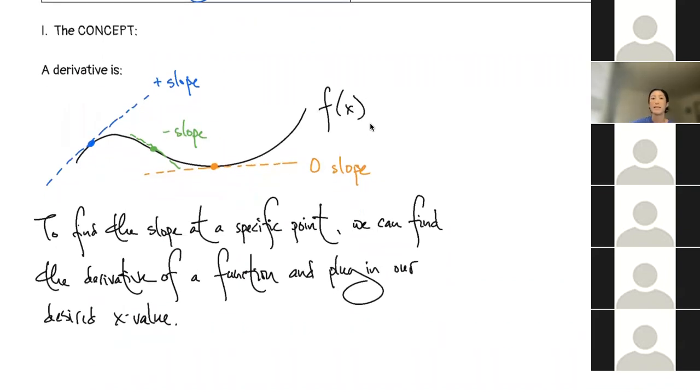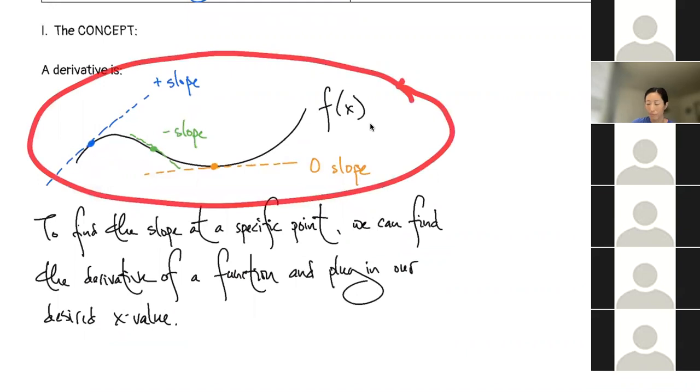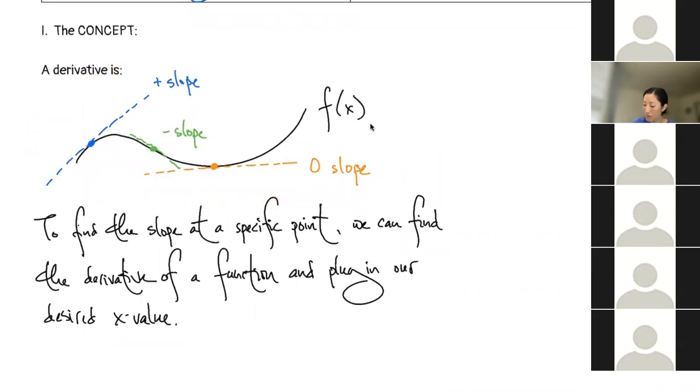Okay, so this concept right here, I can look at a picture, see the slope, ties very closely to this idea of derivatives, because derivatives give us a way to find the slope at specific points.